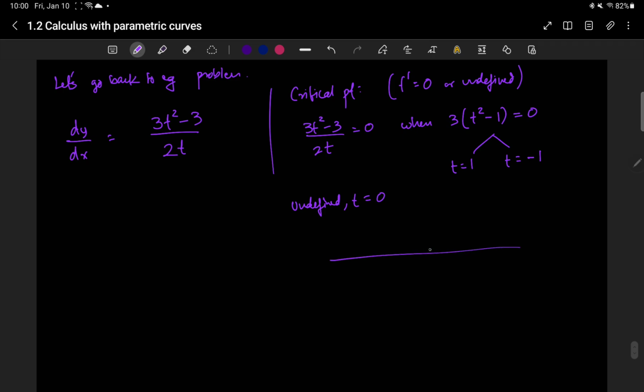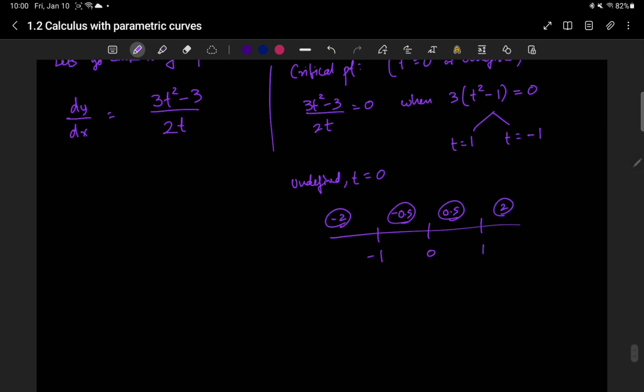So we go along, we mark these critical points, and then we take test points on each of the intervals formed, and we find out the sign of this expression for each test point. So 3 times 4 minus 3 over 2 times negative 2, that's a negative number.